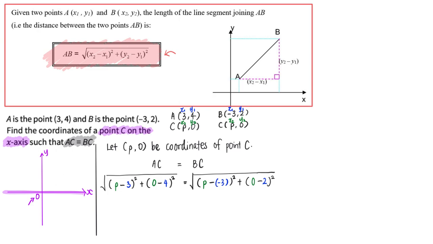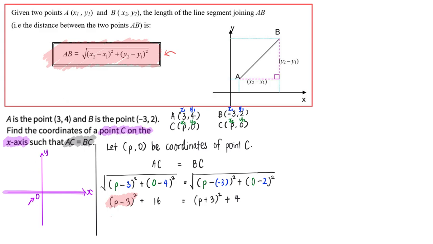Okay, so I'm going to just square both sides, and once I square both sides, you would then see that the square root is gone. I am only left with P minus 3 bracket square plus 0 minus 4 bracket square is 16. I will have P plus 3 bracket square plus 0 minus 2 bracket square is 4. At this point, I would expand and simplify the brackets.